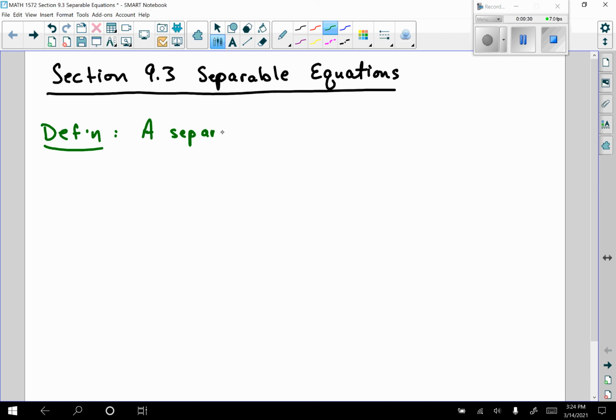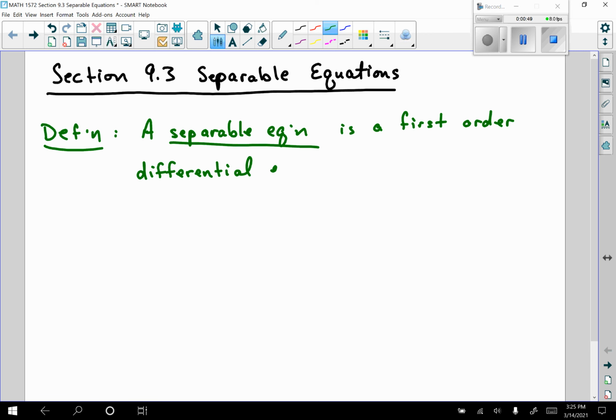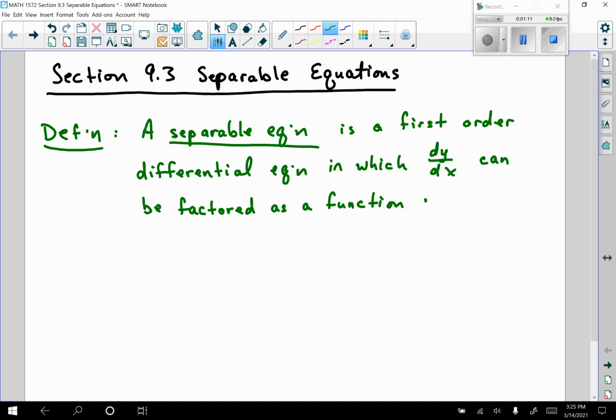A separable equation is a first-order differential equation in which dy over dx can be factored as a function of x times a function of y.